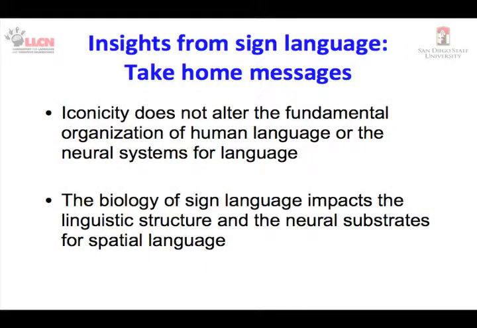Okay. So, what do I want you to take home with you today? One of the things is that I've shown you two reasons why iconicity, this fact that signs often look like what they mean, doesn't really alter the fundamental organization of human language or the brain bases.